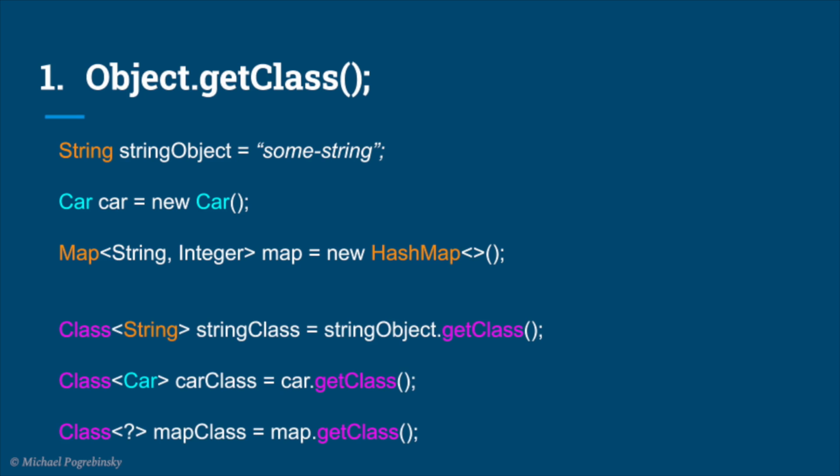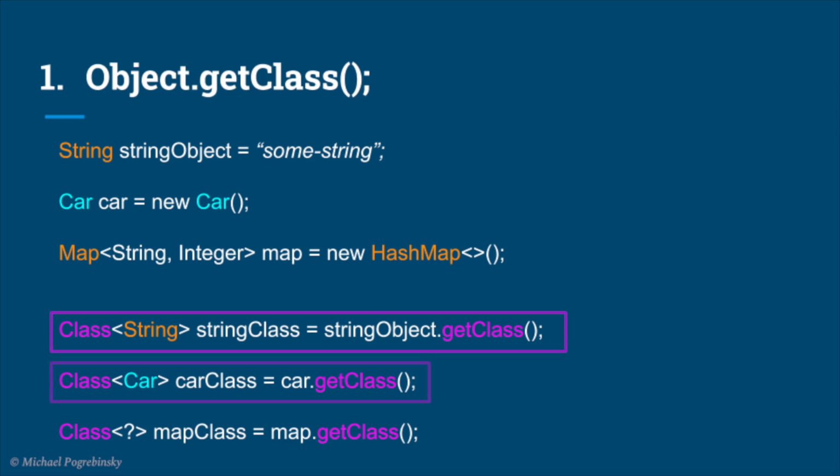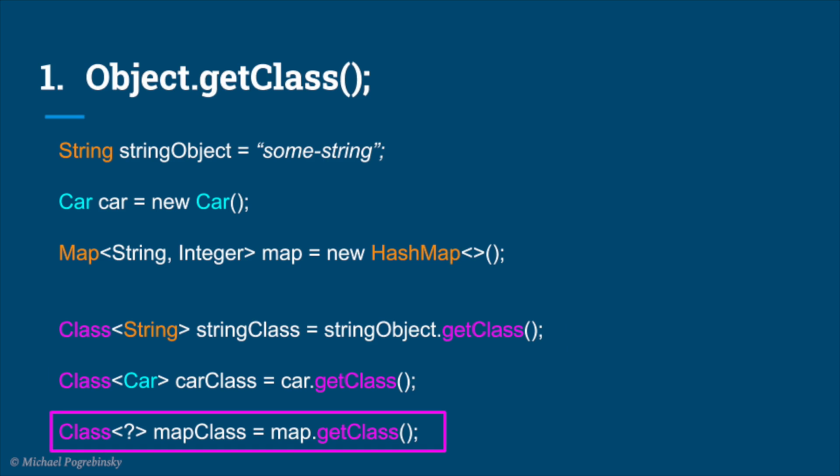So in this case, we will get a Class object that represents the Java String type, an object that represents our custom Car class, and finally a Class object representing the HashMap class. Notice that the last Class object represents the HashMap class and not the Map interface, since that is the actual runtime type of that variable.